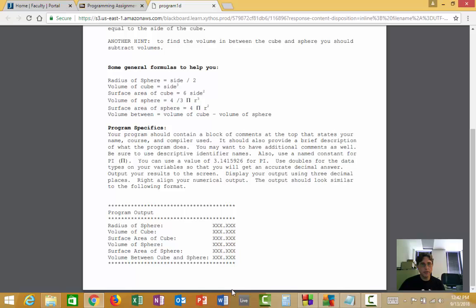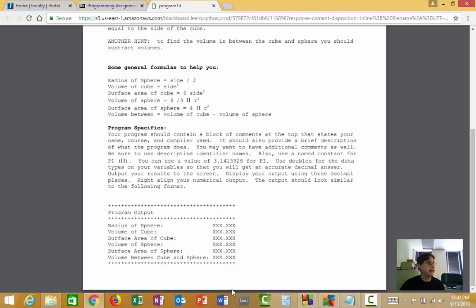All right. Other things to mention: you need to have a block of comments at the top that has some information like your name, course, compiler, and a brief description of what the program does. You can comment other things in there as well. Like I like to comment sections, and so that's what we did in the example together. Use descriptive identifier names. Don't just use like R and S or whatever.